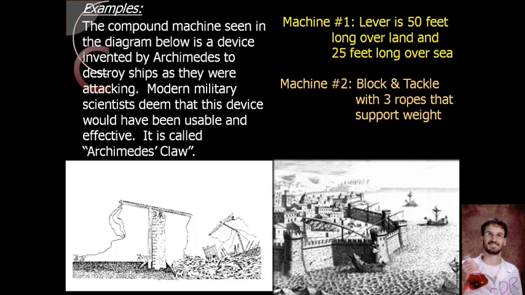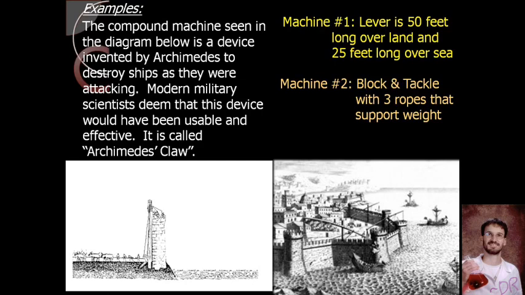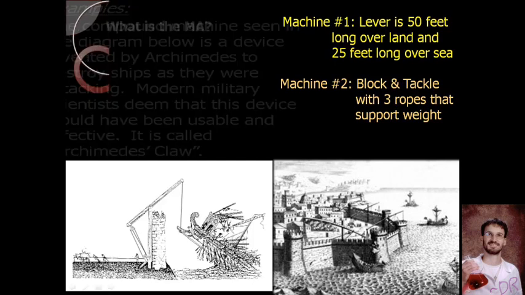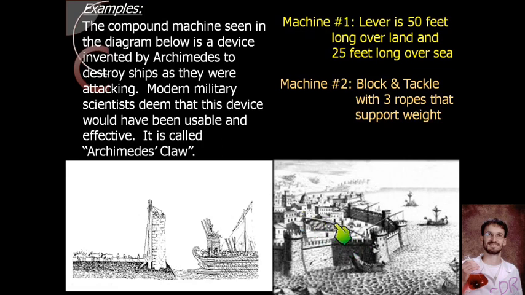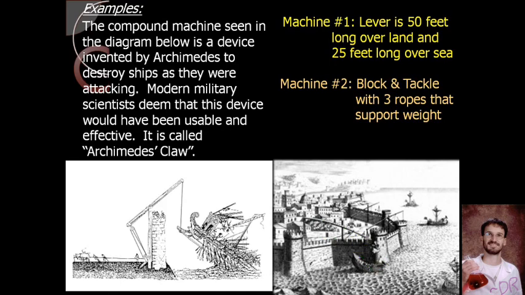That would give the lever part a mechanical advantage of 2. You can kind of see down in these pictures here how the lever was far longer on the city side than it was where it stuck out over the ocean.